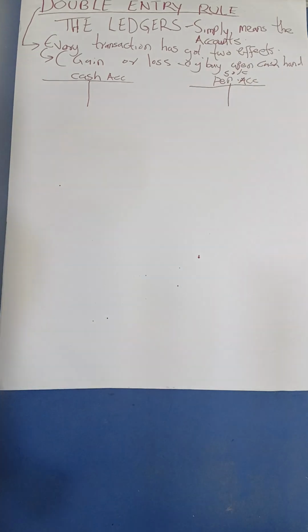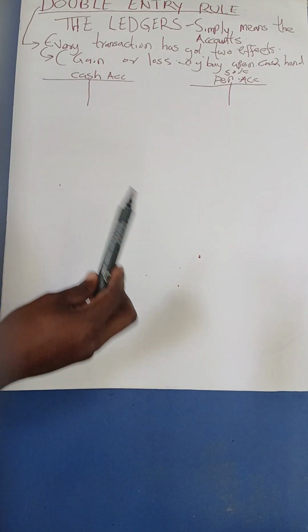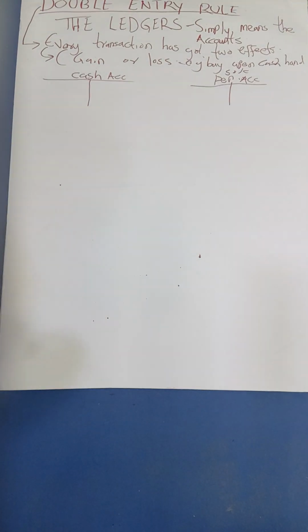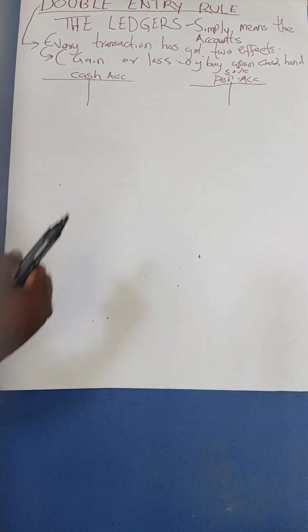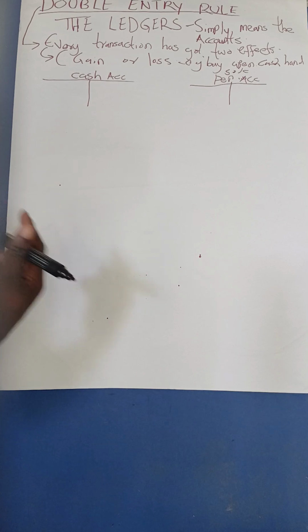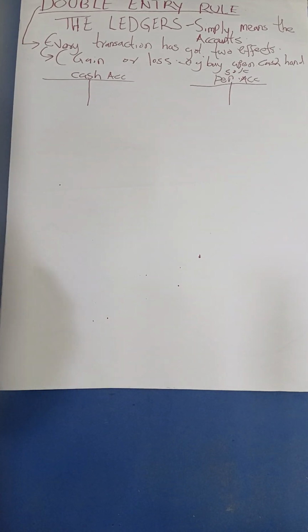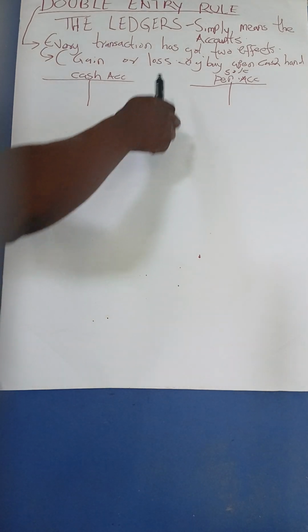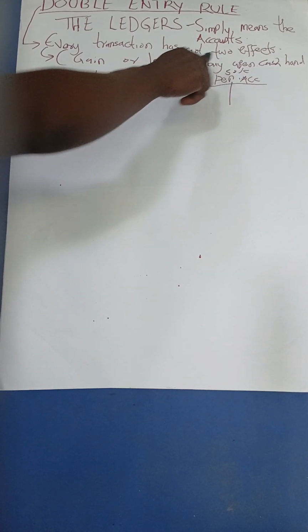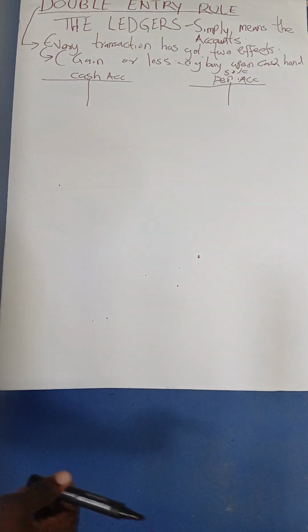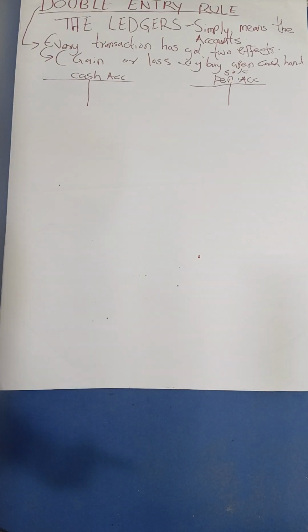There are two effects. One, we buy a pen, meaning the pens on my hand have increased. But the 50 shillings in cash in hand have gone, so there is a loss; the cash in hand has reduced. That's why we say it has got two effects. You either gain the pen, you gain the asset.